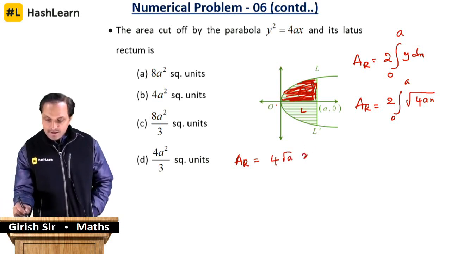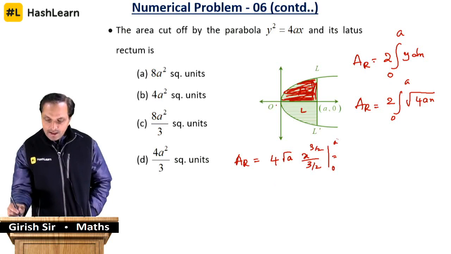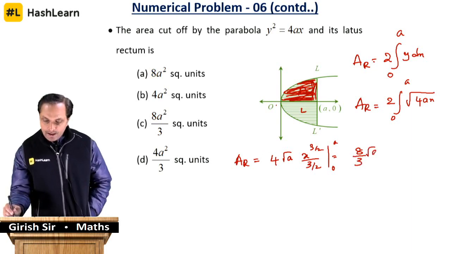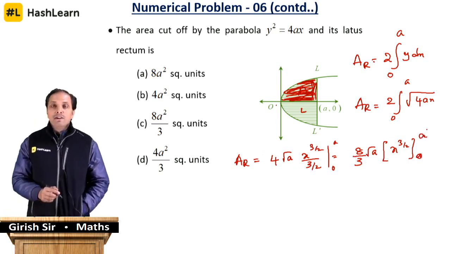Integration of x to the power 1 by 2 is x to the power 3 by 2 divided by 3 by 2. So that will give you what? The limit is 0 to a. This part will go to 8 by 3 into root a, x power 3 by 2, upper limit a, lower limit 0.